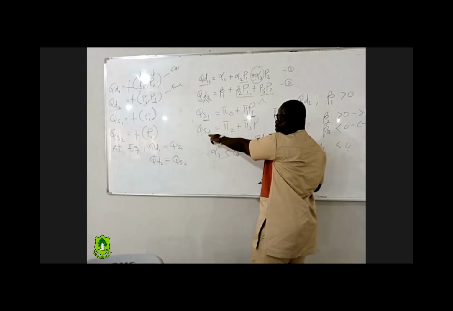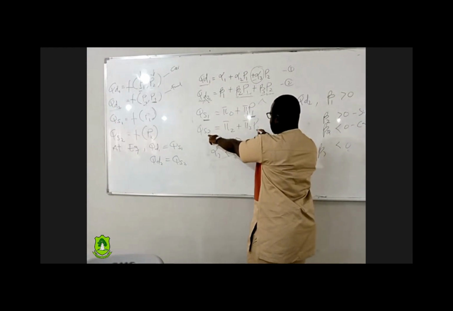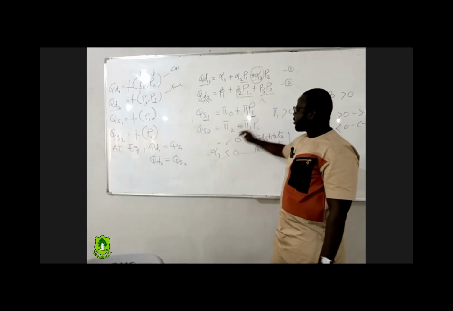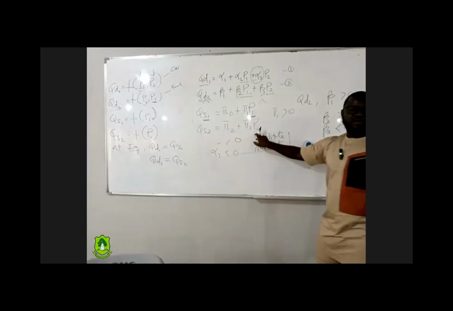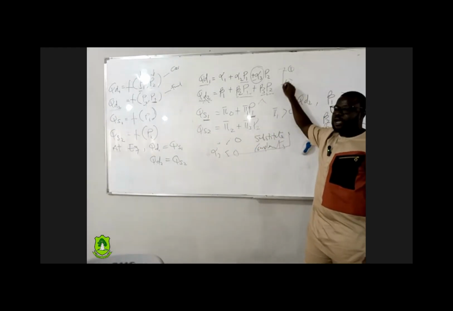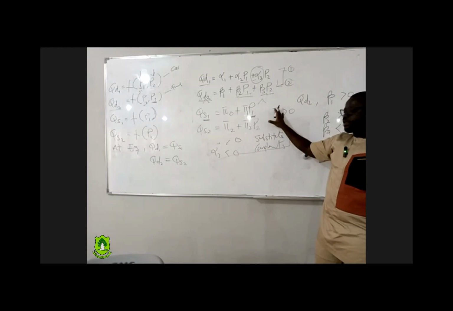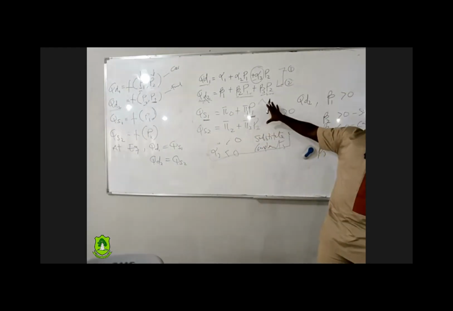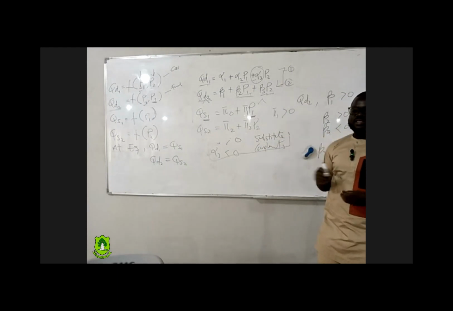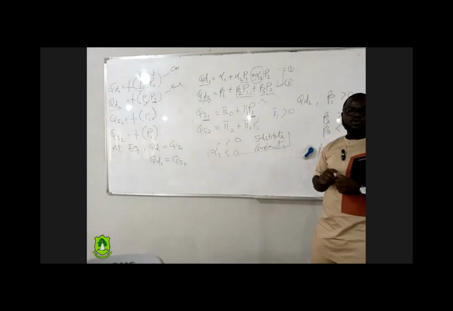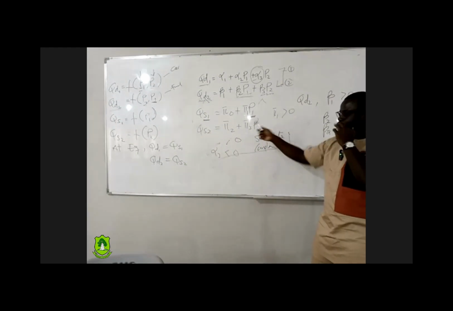Remember, this is the supply for commodity 1, and this is the supply for commodity 2. It is only in the demand functions that you will find the price of related goods, not in the supply. For the supply side, we only have the price of itself, which is always positive.